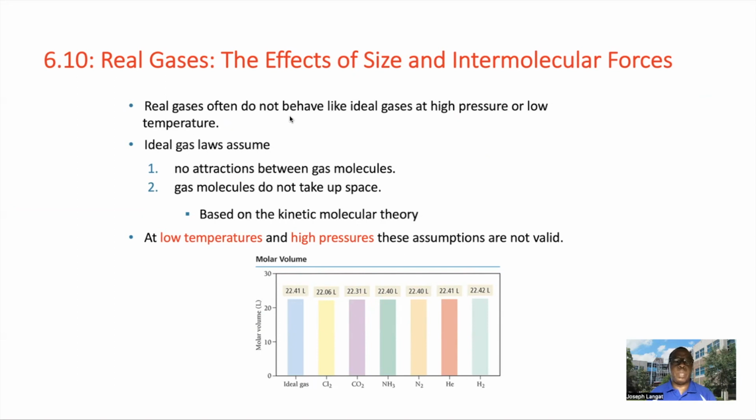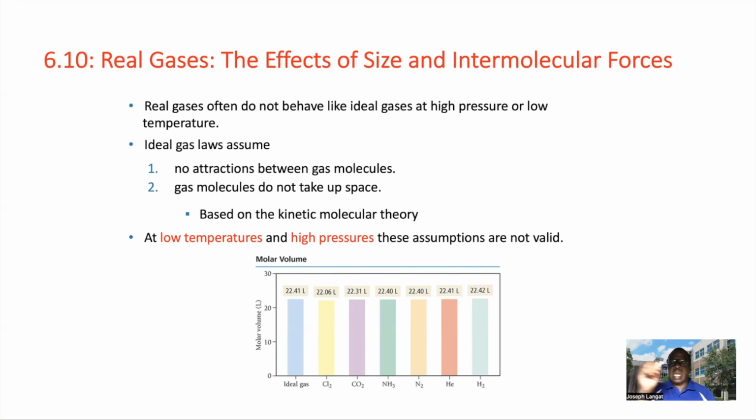Remember, the ideal gas law assumes no attraction between gas molecules, but in real gases there is attraction between molecules. Also, ideal gas molecules do not take up space. We assume that, but we know in reality, if there are small particles, they will still occupy some space in a container.